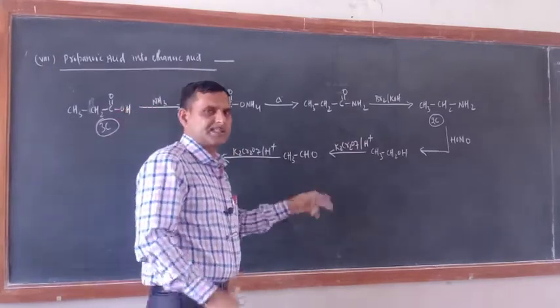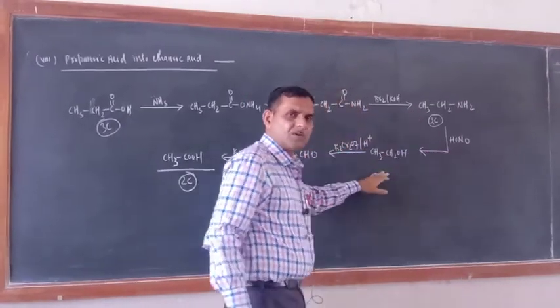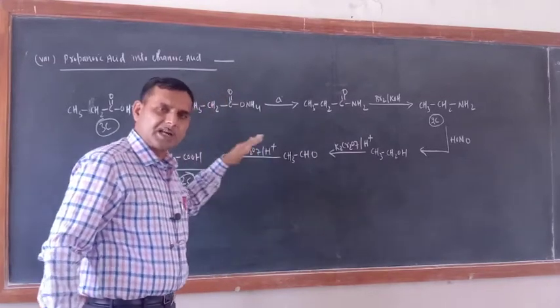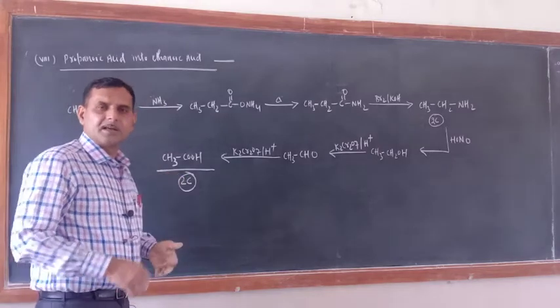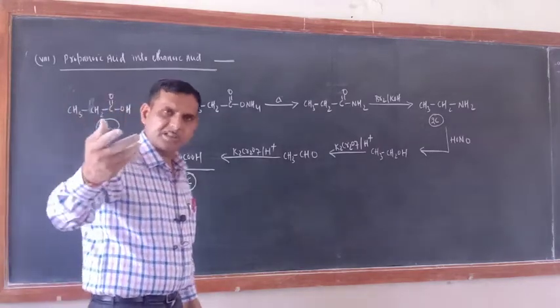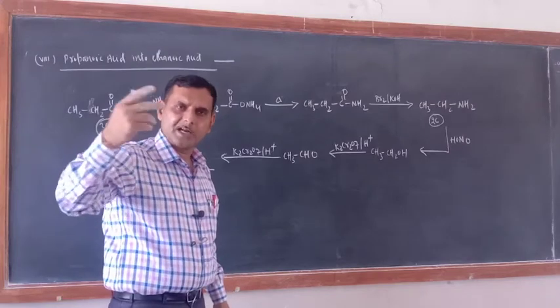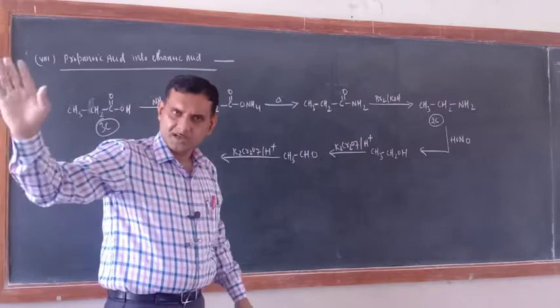How? Just see. Treat this amine with nitrous acid, then you will get the alcohol. Alcohol when subjected to acidic oxidation gives aldehyde. When aldehyde is oxidized, carboxylic acid. Alcohol oxidation product is aldehydes and ketones. Ketone and aldehyde oxidation product is carboxylic acid. Come back, reverse order.